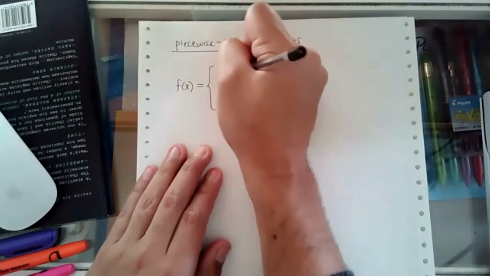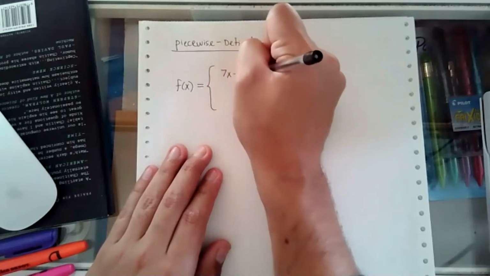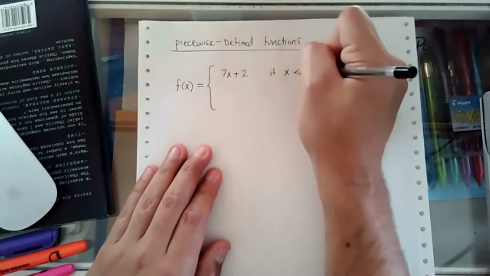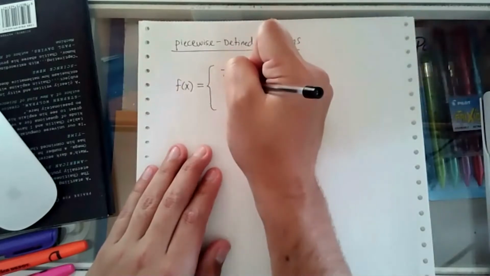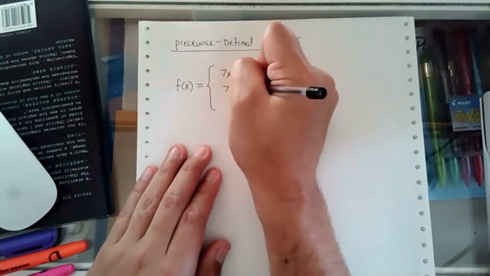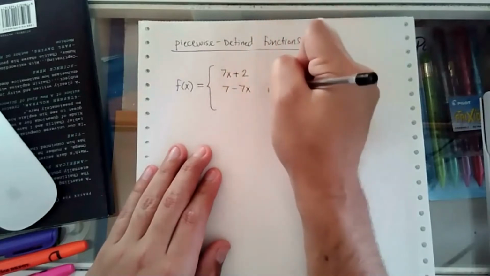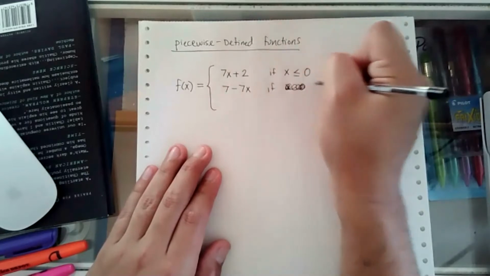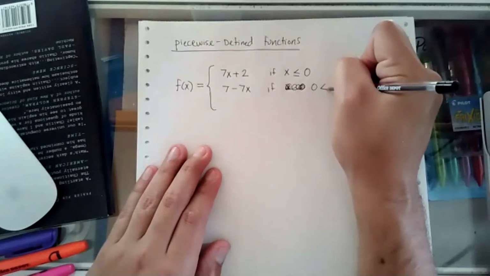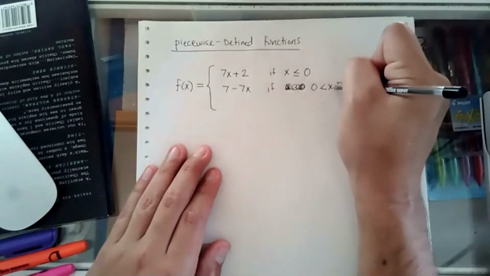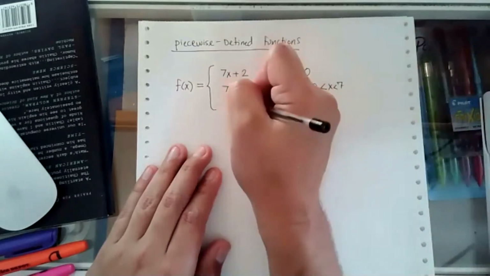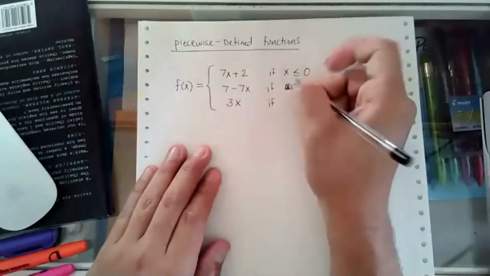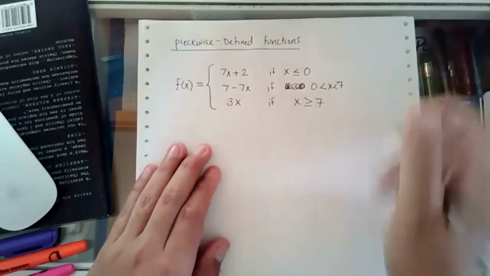So we might have 7x plus 2, if x is less than or equal to 0, 7 minus 7x if x is between 0 and 7, and 3x if x is greater than or equal to 7.